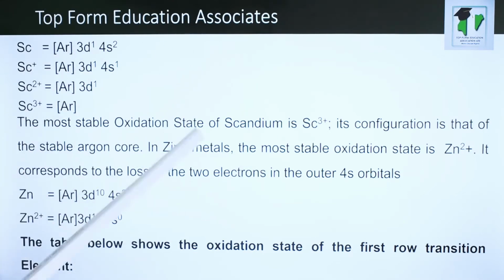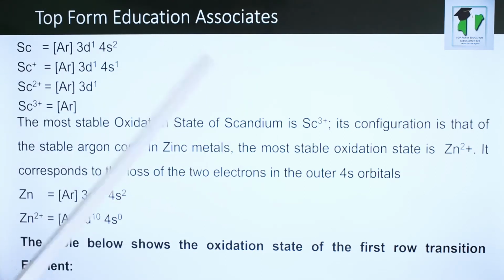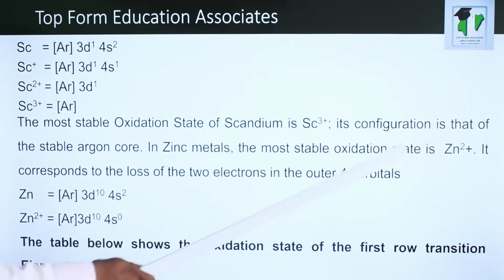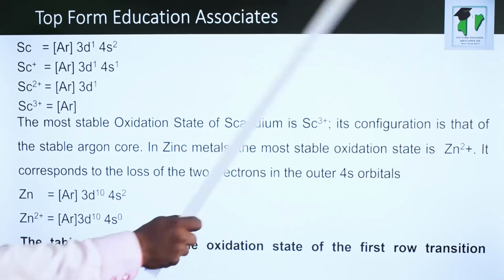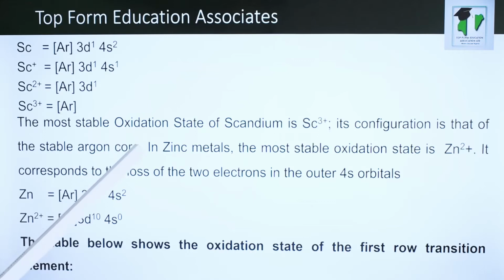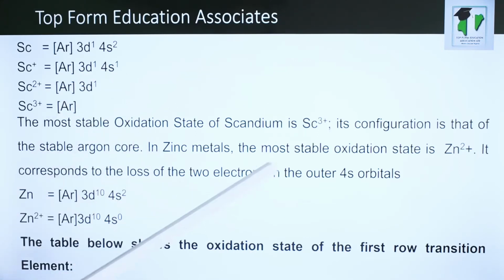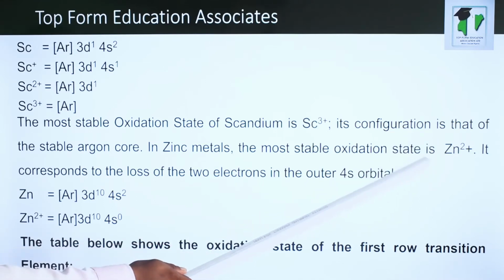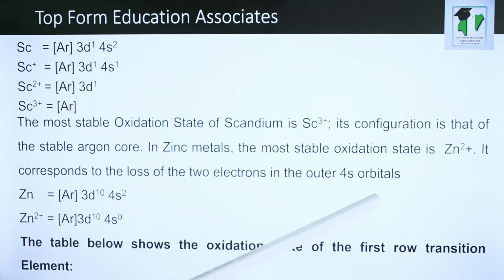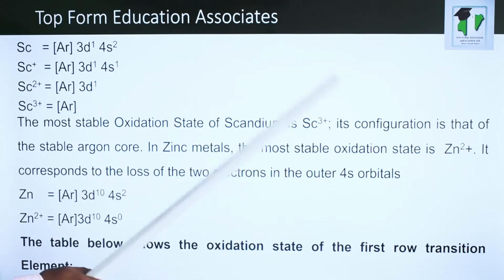So zinc, being a metal, has lost 2 electrons, and that's why it has 2+ on top there. So the most stable oxidation state of zinc is Zn2+. It corresponds to the loss of the 2 electrons in the outer 4s orbital. You can see the configuration here.